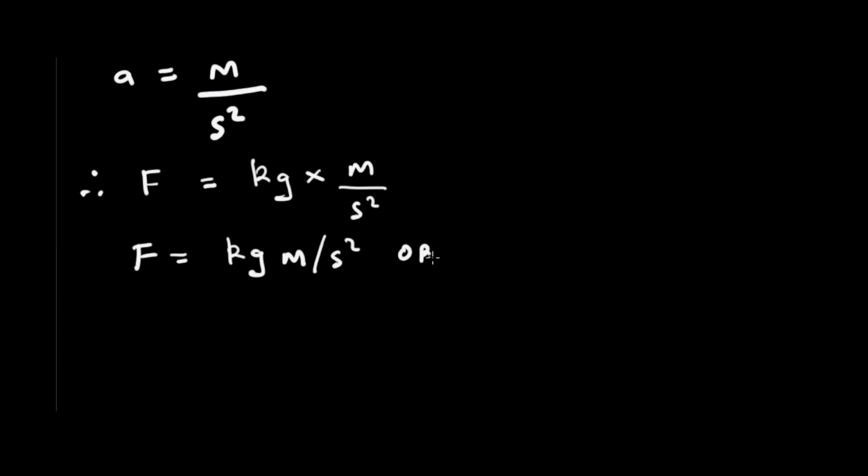We can write F is equal to kg meters per second squared. It can be meters per second squared with a slash, or meters per second squared with a power of negative 2. This is going to be the derived unit.